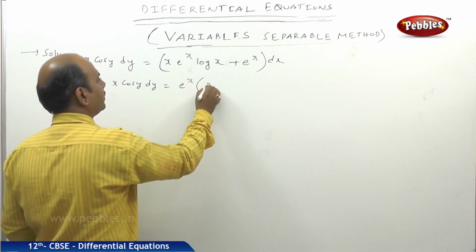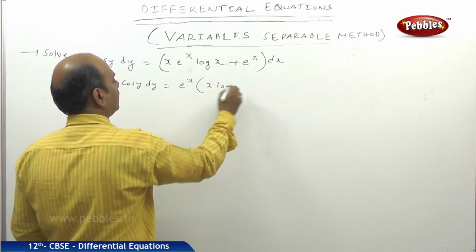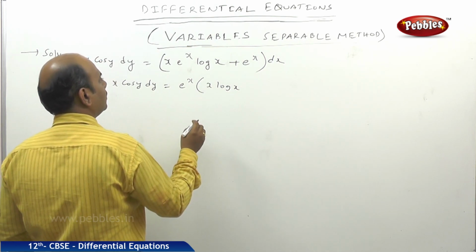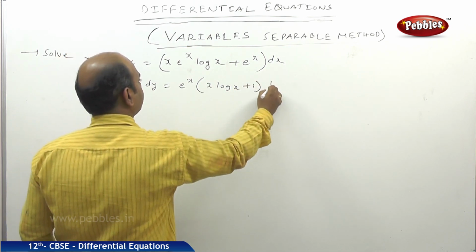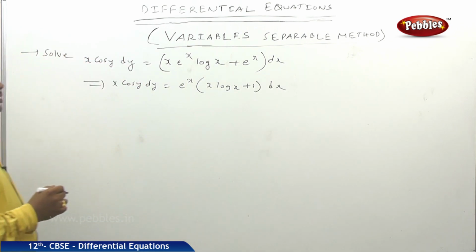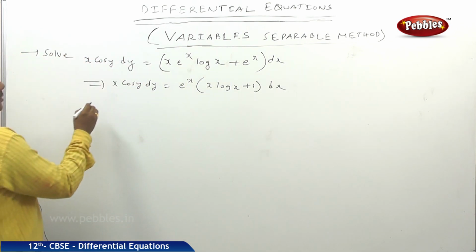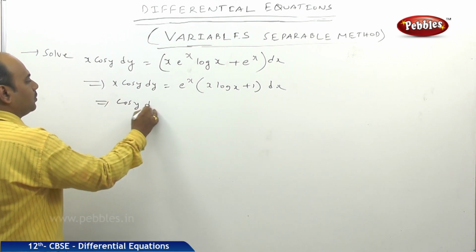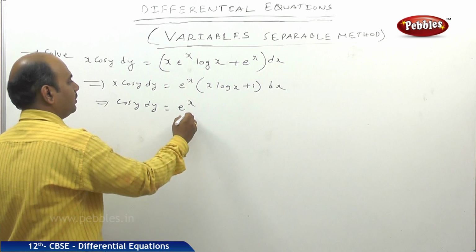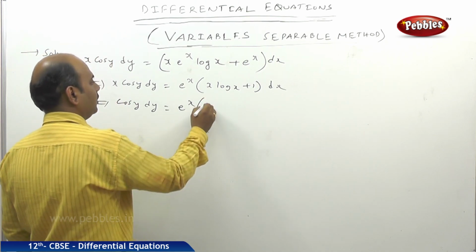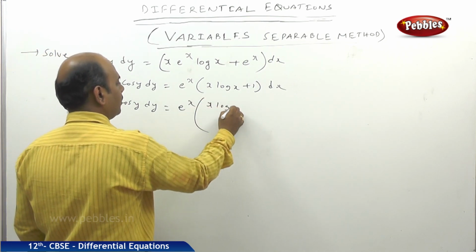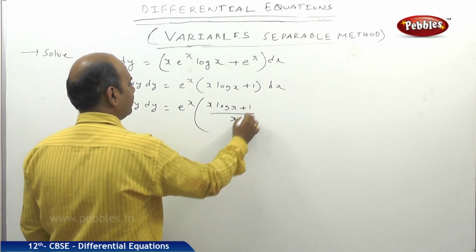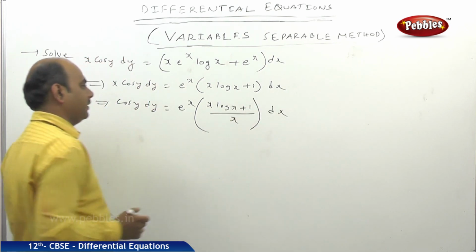If I take it common, x into log x plus 1 into dx. Now it is variable separable, so I will shift x to that side. So cos y dy is equal to e power x into x log x plus 1 by x dx.